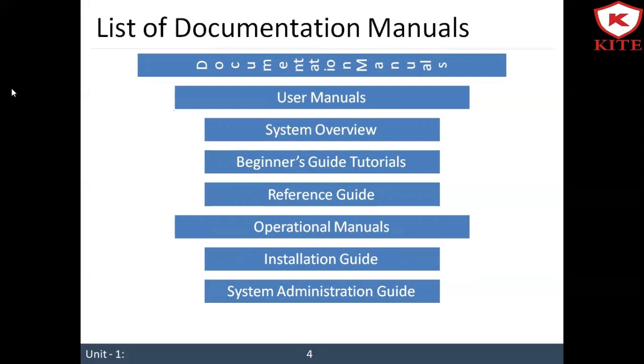The next is reference guide, operational manuals, and installation guide, on how to install the software in any system. And next is the system administration guide, meaning security, privacy of the data, how they can achieve the privacy, security, networking, database. All these are contained in the system administration guide.